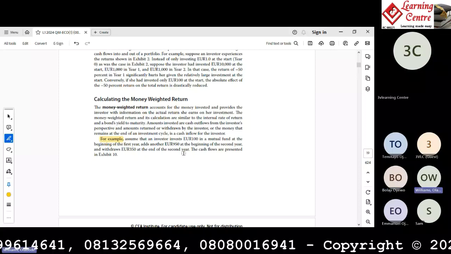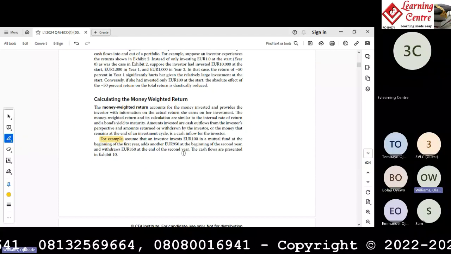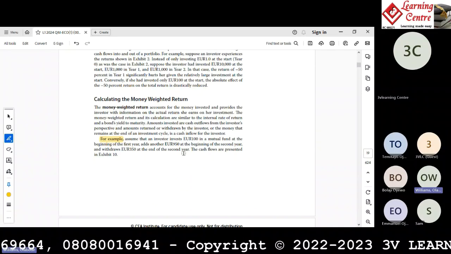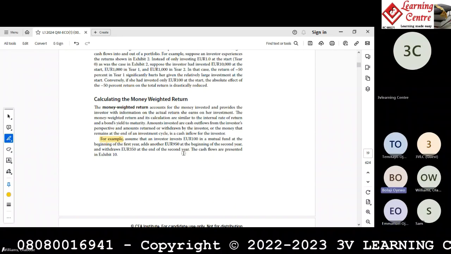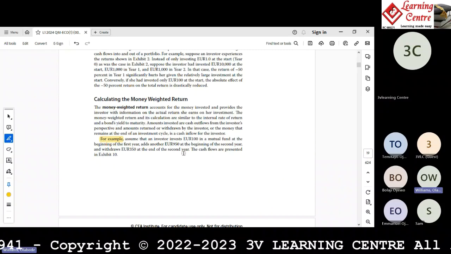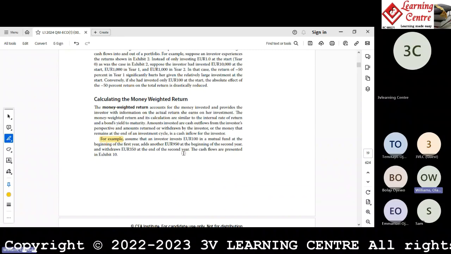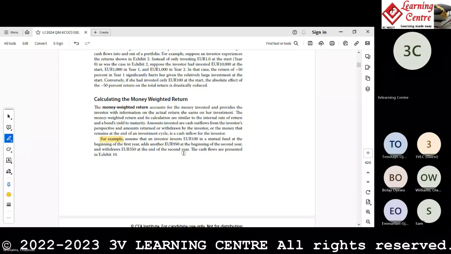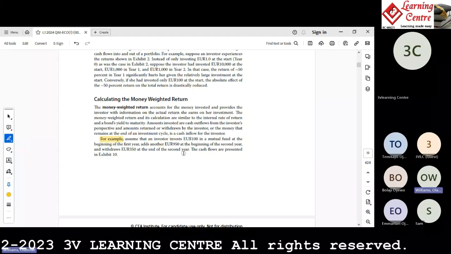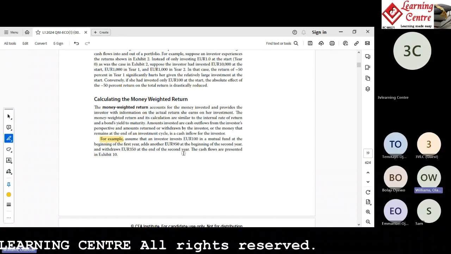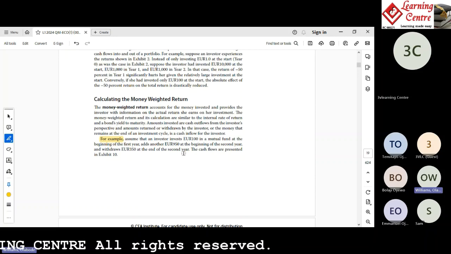Good. And withdraws 350 at the end of the second year. Is the withdrawal a cash outflow or a cash inflow? Inflow. Good. Now, it's important to have it set up like this in your mind, because when you look at the withdrawal you would think it is minus, but to the investor, it's plus. So take the position of an investor and view it that way.